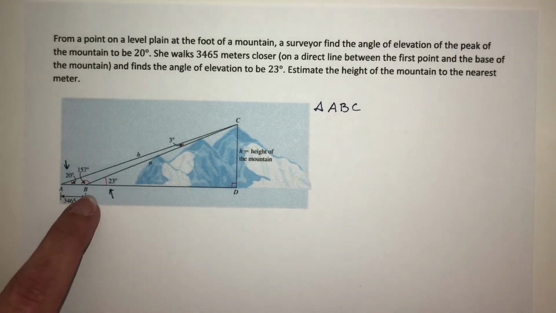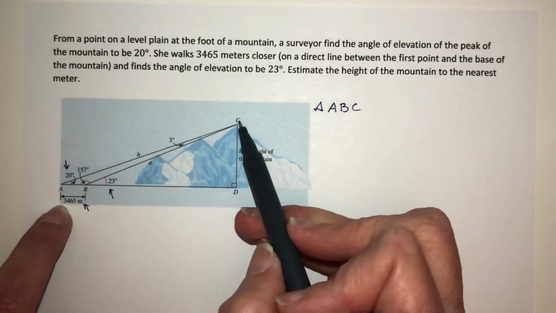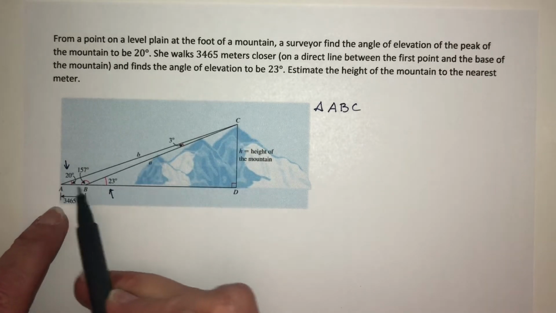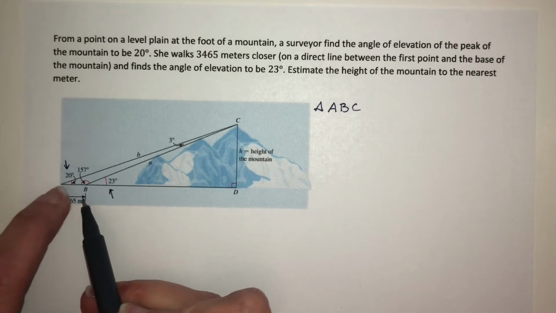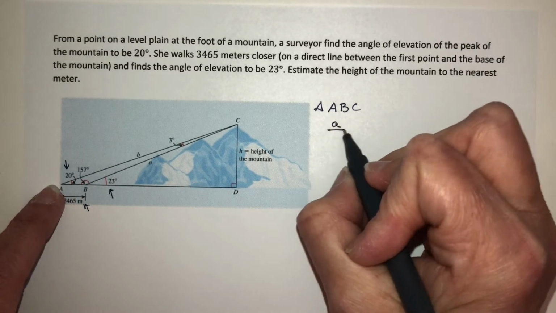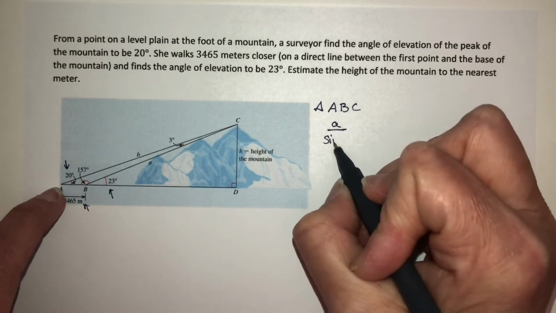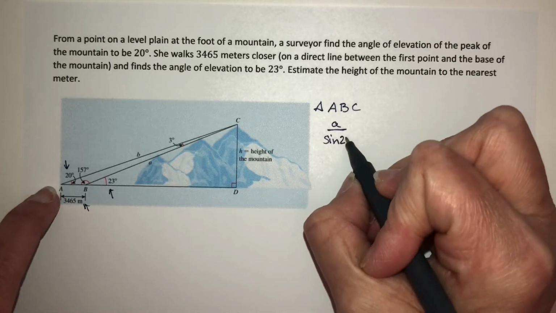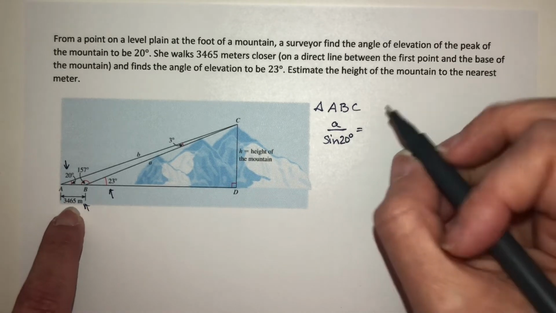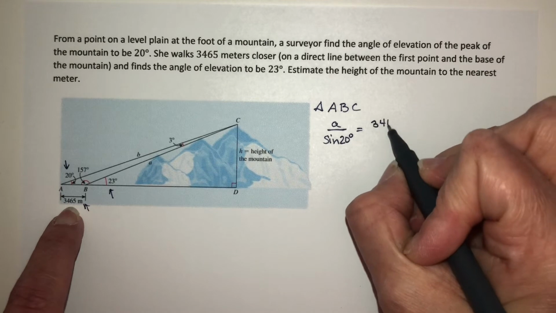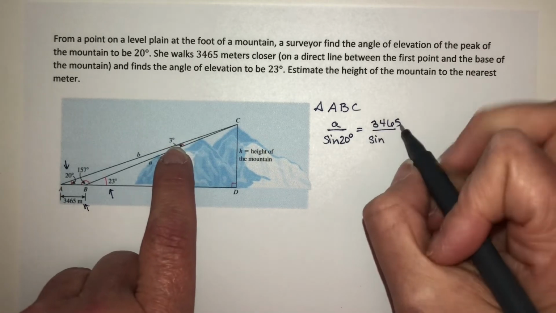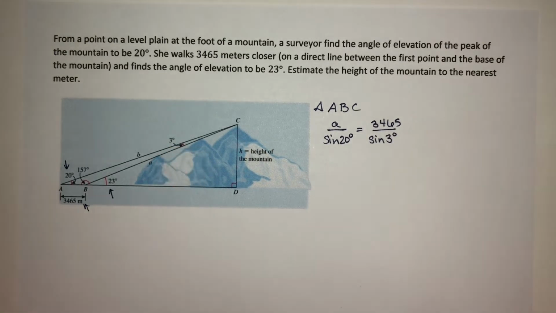What do I know? I know angle C, which is 3 degrees, that right there. And I know this side here, which is also C. If I'm looking for A, I'll do A over sine of angle A, which is 20 degrees, is equal to our C value over sine of this angle, which is 3 degrees.